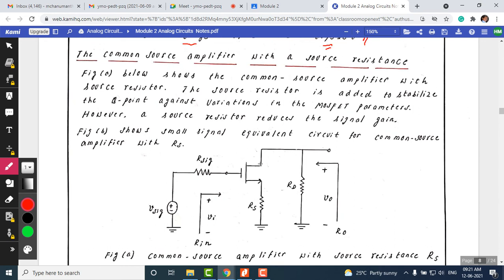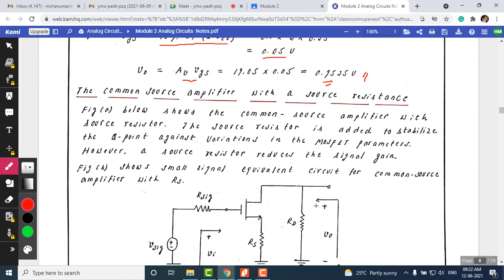There must be some benefit, otherwise there is no point in discussing this circuit by adding the source resistance to the source terminal of the MOSFET here. But I'm asking you, what benefit are you going to get by adding source resistance at the source terminal? How is the circuit better compared to the previous circuit? There must be some drawback in the previous circuit. What is the drawback?